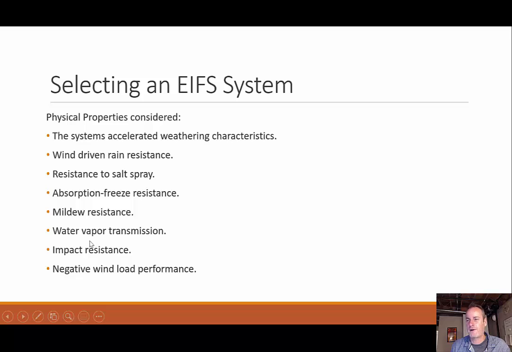Mildew resistance, water vapor transmission, impact resistance, negative wind load performance. Negative wind load means that from Bernoulli, if you studied that fluid flow, if I have wind against a surface, it creates a negative pressure, meaning it's pulling it apart. So negative wind load means that it could be trying to pull apart the layers. So on a high wind load location like Wyoming, that'd be a bigger issue, right?